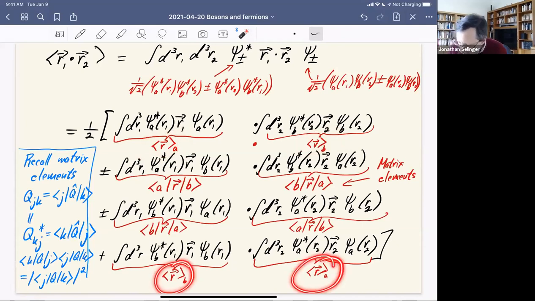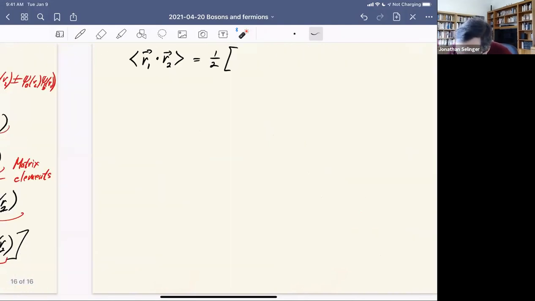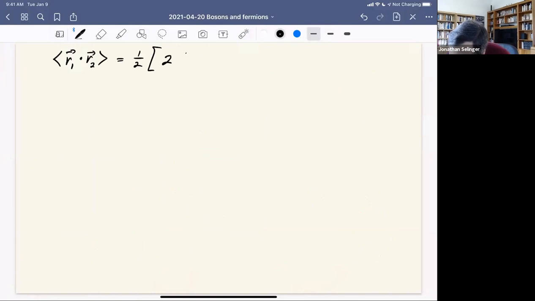So there's 2 of those terms, 2 times the average R in state A dotted the average R in state B.